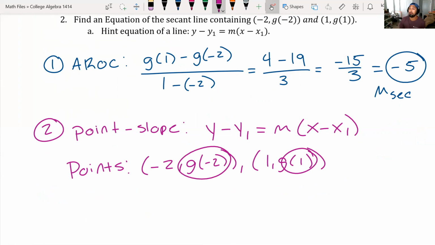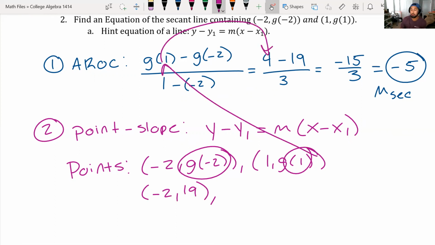And that answer is yes. They're right there, right? G of -2 is 19. So I have -2 and 19. G of 1 is 4. I have 1, 4.